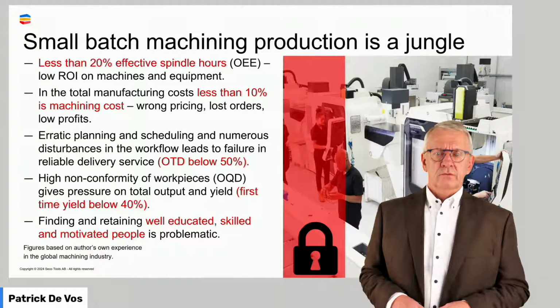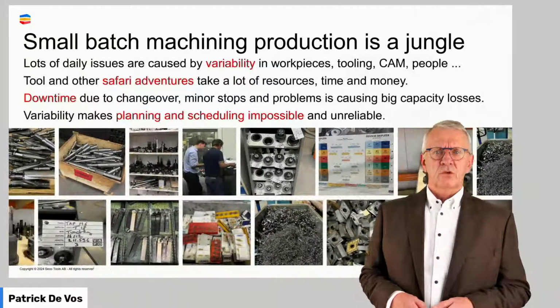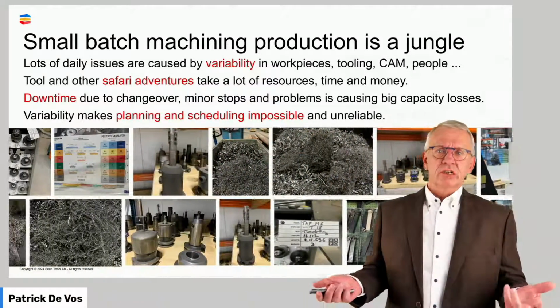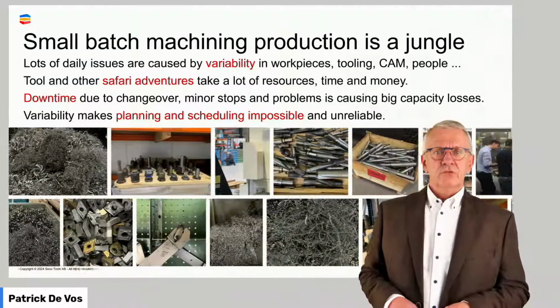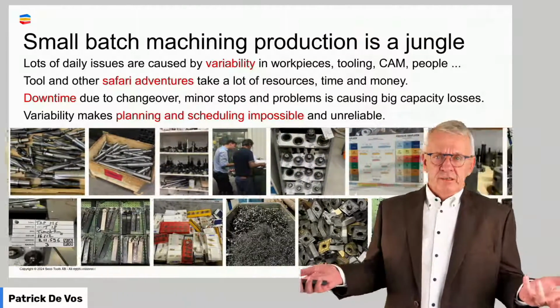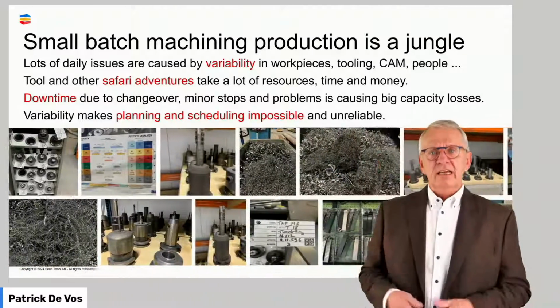Where do they go? And a keyword we have to remember when we talk about small batch production is variability. Things are changing all the time. You don't know in the morning what you are going to do in the afternoon. People are constantly on a safari trying to find something. There is a rumor it's there. Think of a cutting tool.